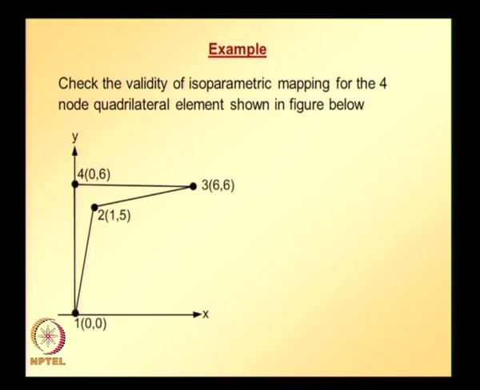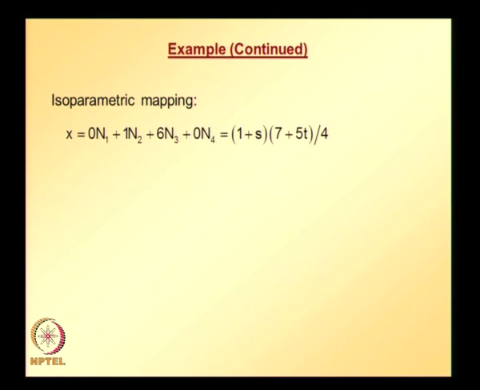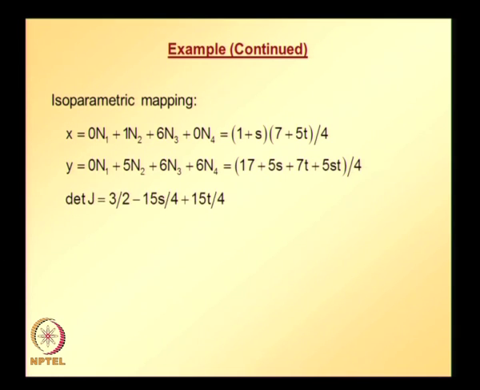Before we proceed further, we make a note of all the x coordinates and y coordinates of all the nodes, x1 to x4, y1 to y4, and using the parent element shape functions, that is, shape functions corresponding to a 4 node element in the parent coordinate system S and T, and using these coordinates x y of all the nodes, we can write the isoparametric mapping, x in terms of S and T, y in terms of S and T. Once we get these two expressions, we can easily take partial derivatives with respect to S and T, and we can find the determinant of J, and the determinant of J is given by this.